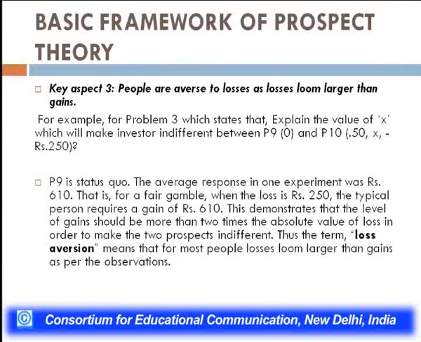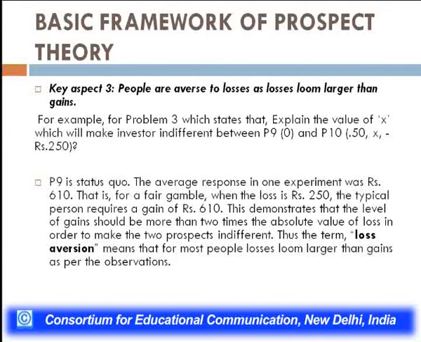For example, explain the value of X which will make an investor indifferent between P9, that is the status quo, and P10, that is a 50% chance of losing 250. P9 option is the status quo. The average response in one experiment was 610.